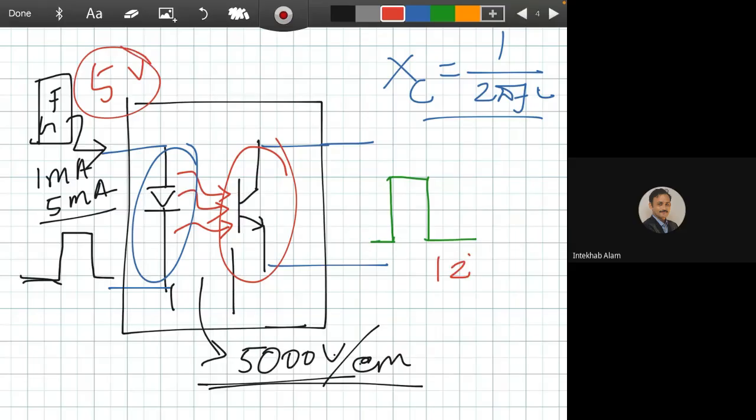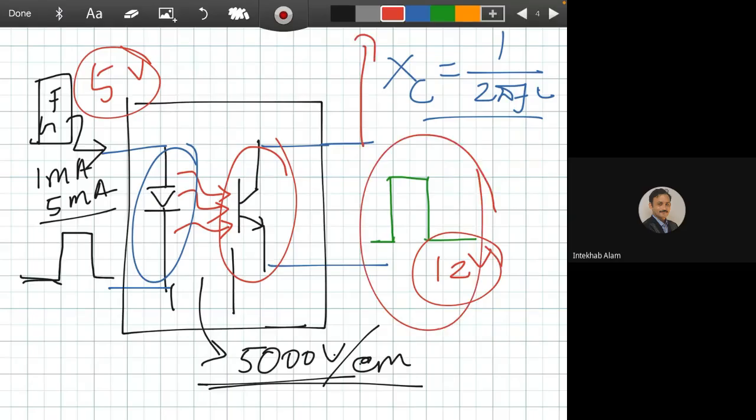We can also change the output power here. With a proper choice of voltage source with this part of the circuit, we can amplify the signal also. The function generator may produce a very small amount of signal power, but we can increase the signal power for the thyristor or even MOSFET or even IGBT. That's the main advantage of this opto isolator or optical coupler.